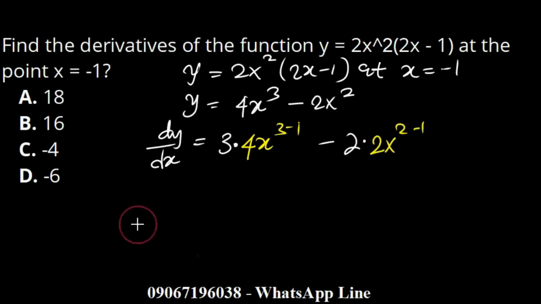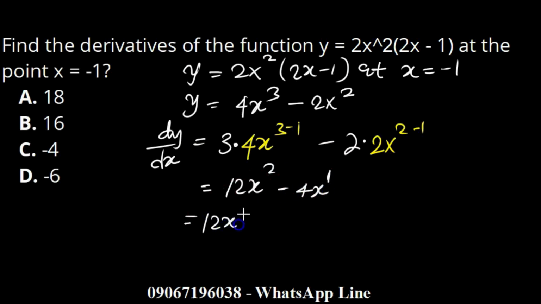So remember, this is the rule for differentiation: take the power to multiply the base number and then subtract 1 from the power. So this is going to give us 12x to the power 2, then minus 4x to the power 1, which is the same thing as 12x squared minus 4x.